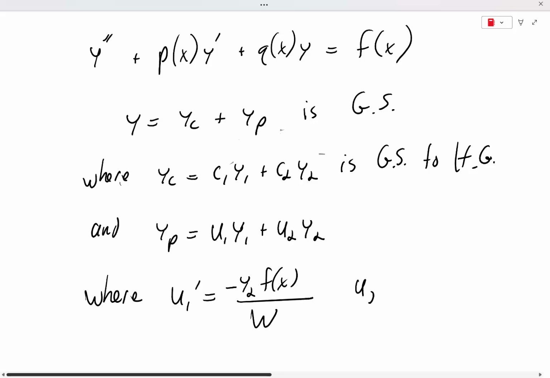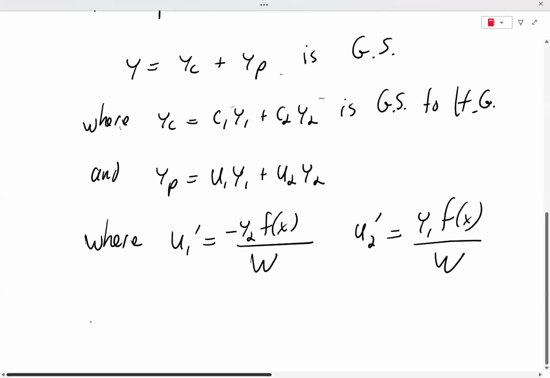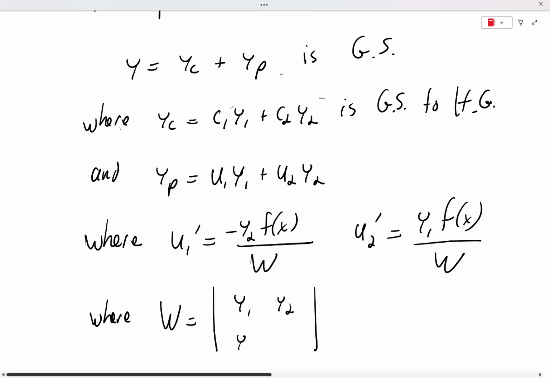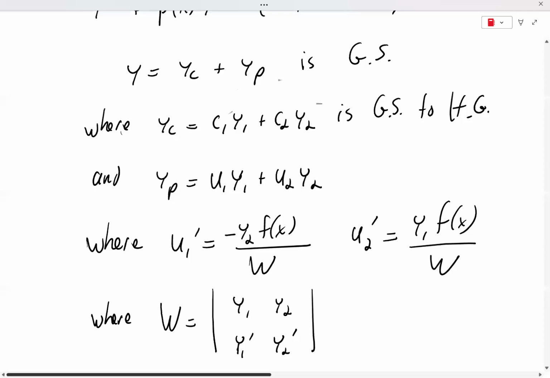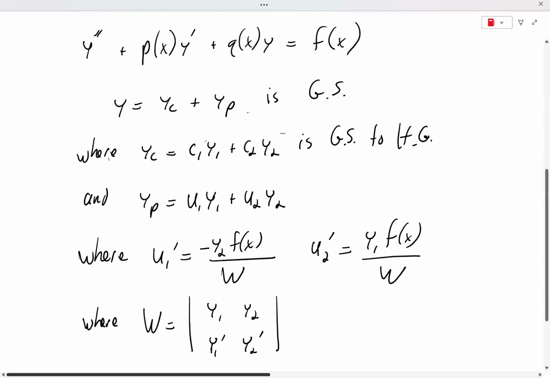And u2 prime is equal to y sub 1 f of x over W, where finally W is equal to the determinant: y sub 1, y sub 2, and then the derivatives down here. Okay, so this is the whole thing for variation of parameters.